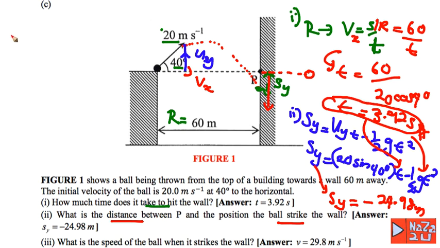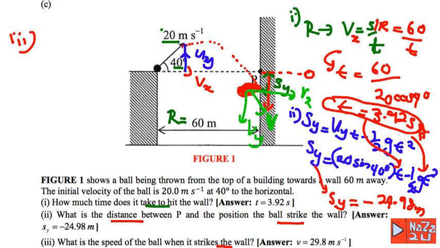And number 3, what is the speed of the ball when it strikes the wall? Let's say this is the ball just before it hits the wall, and the ball has a velocity v, which you can resolve to vx and vy.